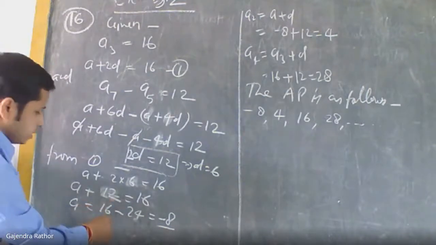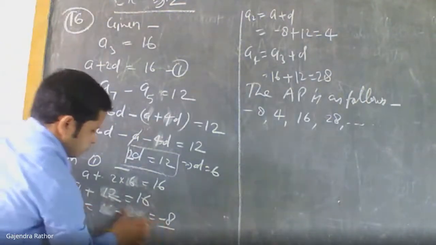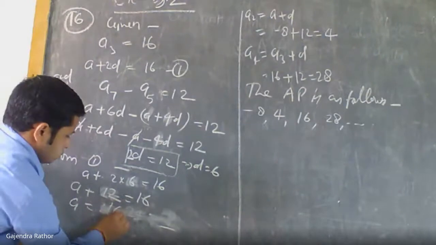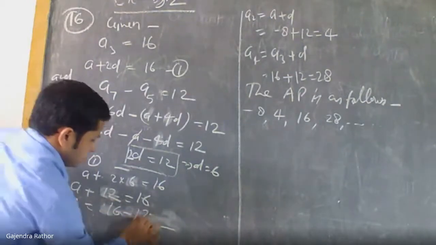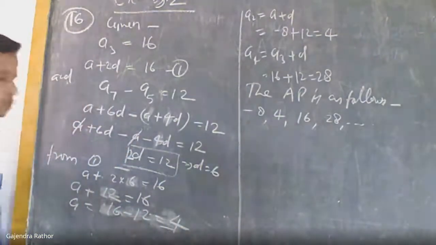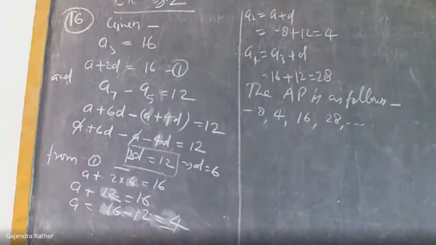Okay, 16 minus 12, D is 4. This is once again wrong. Sorry. Yeah, now it is correct. A is equal to 4 and D is equal to 6. Yes, I wrote the fifth term wrong.